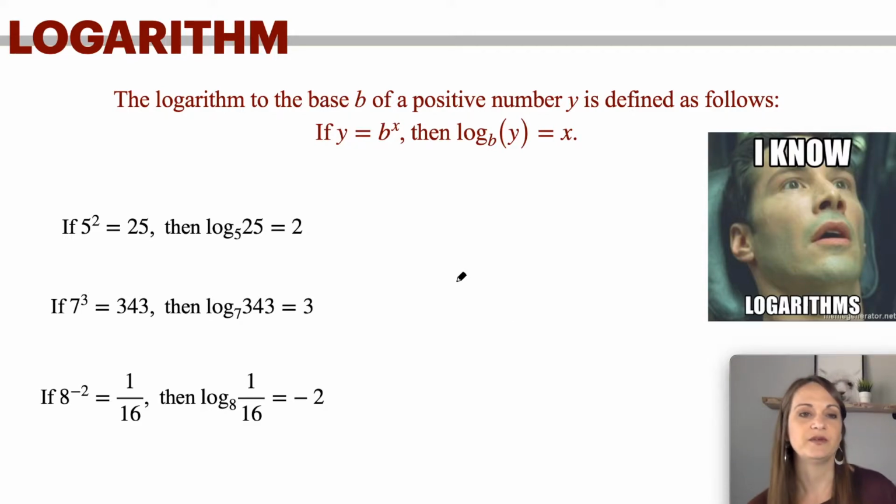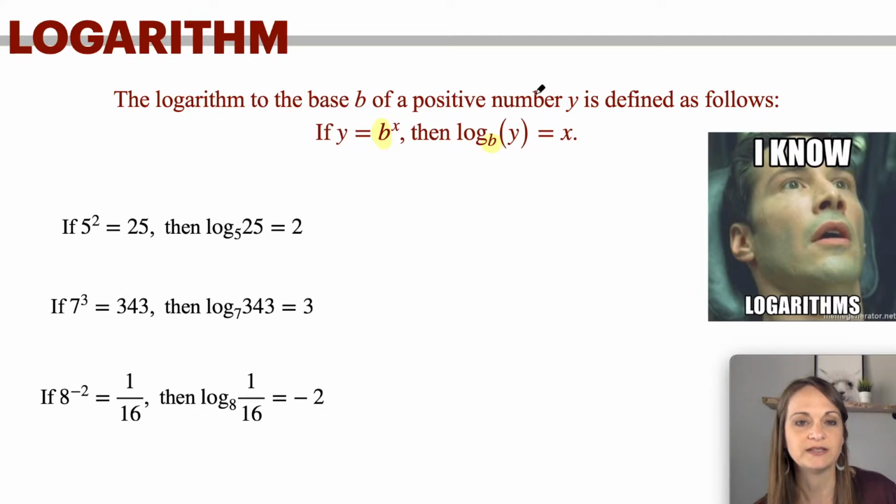A logarithm to the base b of a positive number y is defined as follows. If you have y equals b to the x, which is an exponential function, then you can write the inverse as log base b of y equals x. So the base becomes the little base of the log.